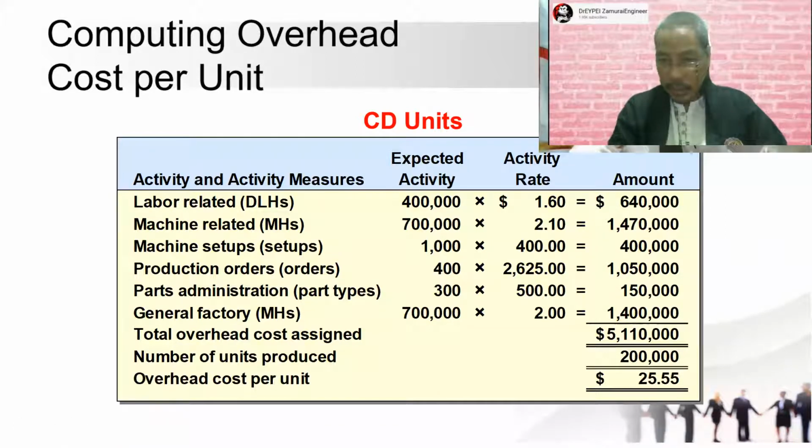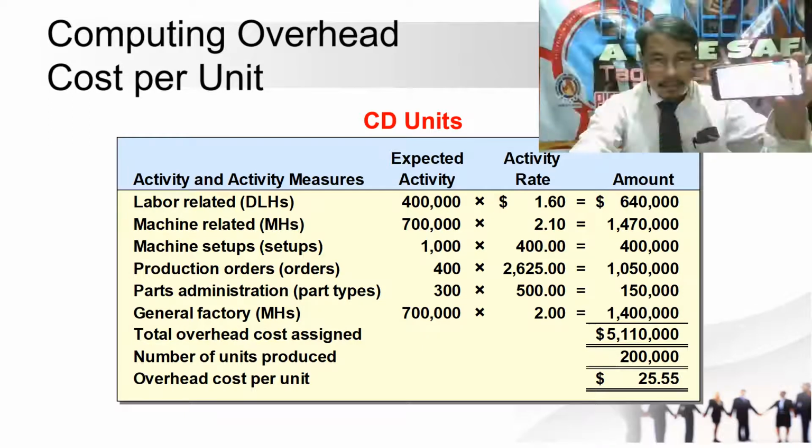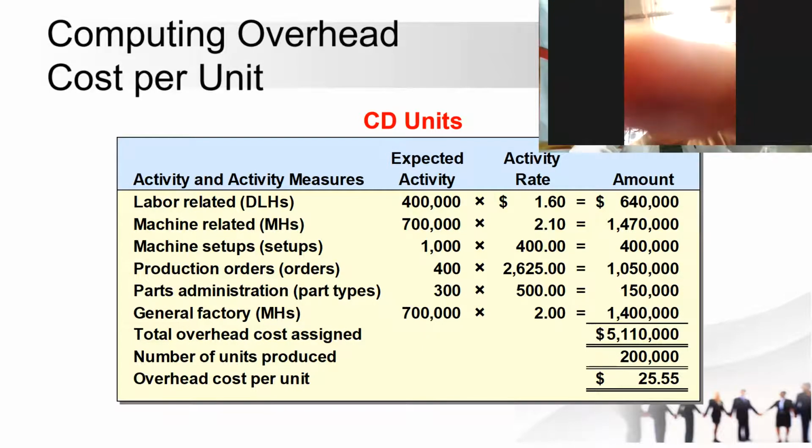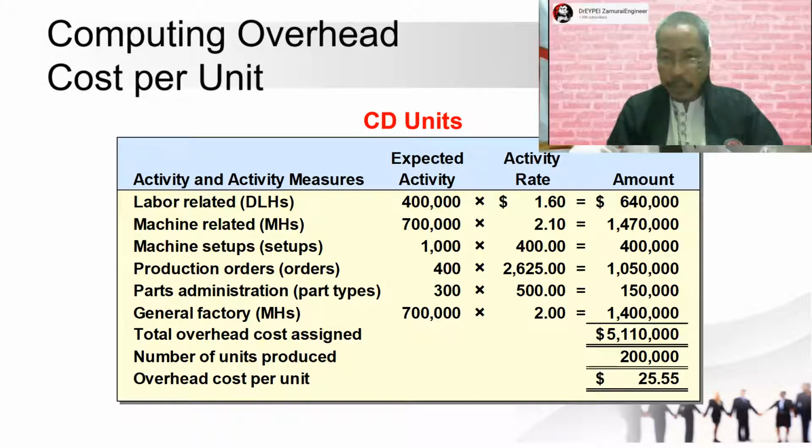In these amounts, you can see that the most expensive cost here is under machine-related activities, which is 1.47 million.